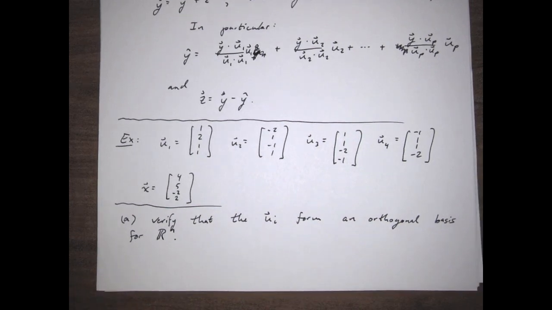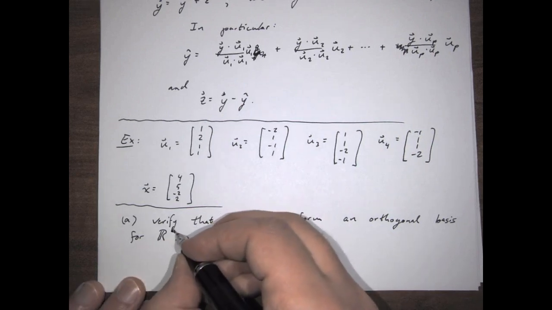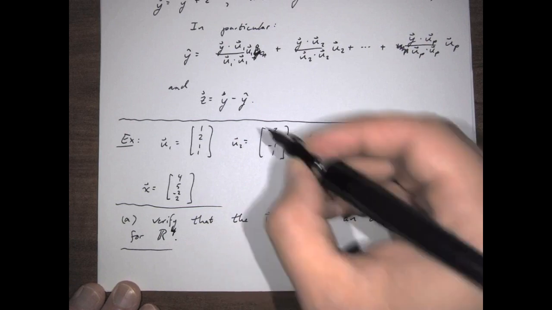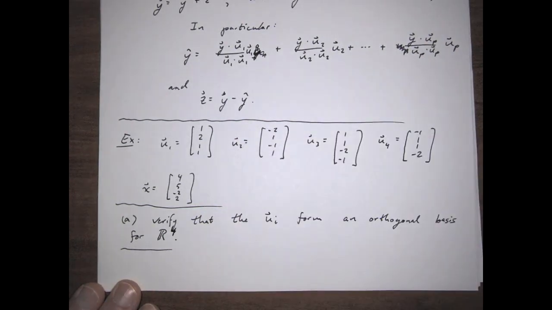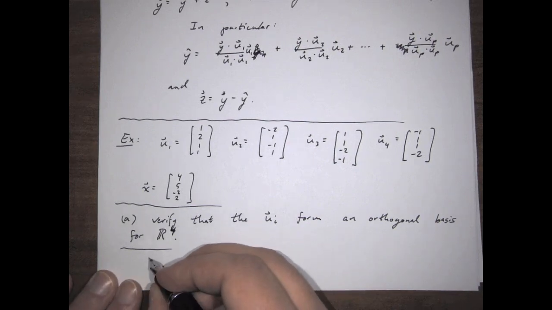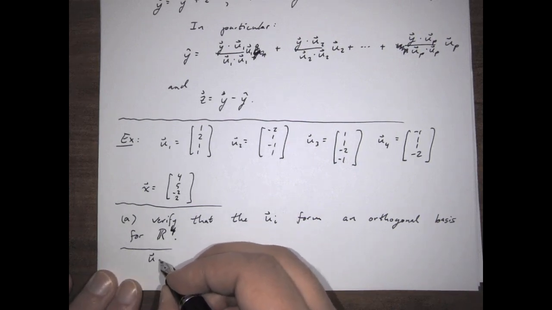So basically here, since we have 4 of them in R4, what we just have to do is confirm that they're all linearly independent and that they're all orthogonal. But if they are all orthogonal and they're all non-zero, then that implies that they're linearly independent. So I just have to make sure that they are pairwise orthogonal.